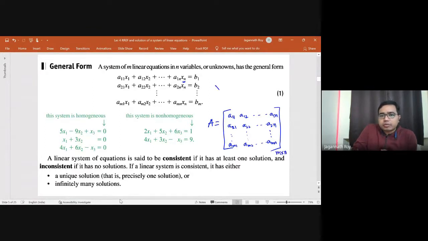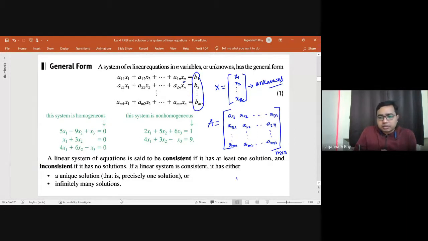And then we will have a vector which is unknown: x1, x2, and xn. These are unknowns. And this will be known.